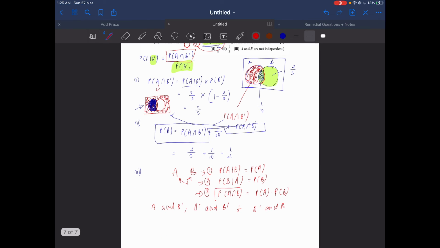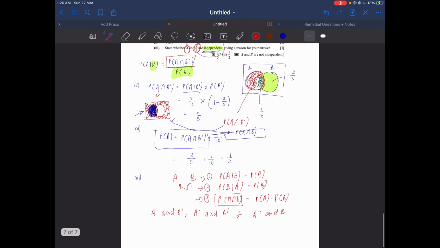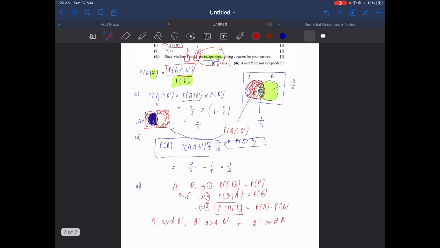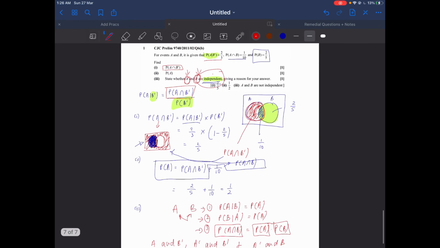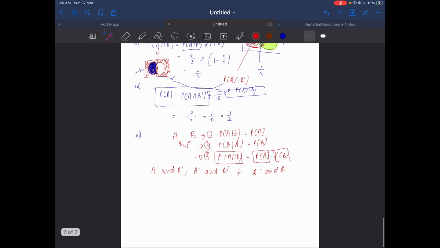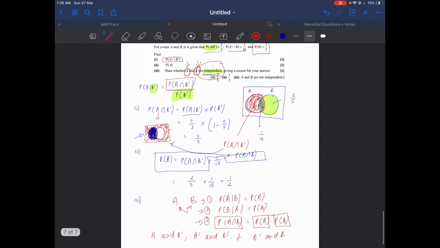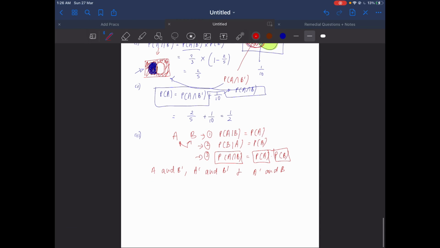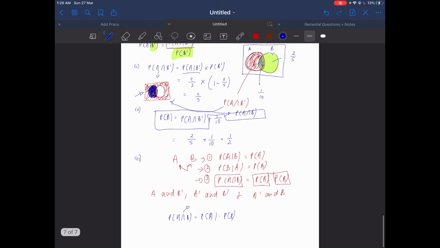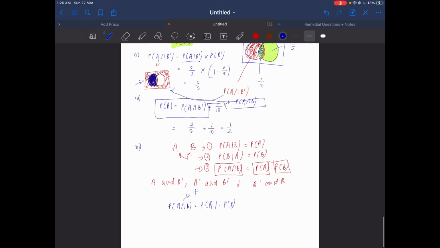We are given this as 1/10, and then we have found this in part 2, and we are given this in the question as 2/5. So let's see, okay? Let's see whether or not A and B are independent. So in order to test, let's use number 3. Let's see whether this is true. So this is equal to 1/10, right?